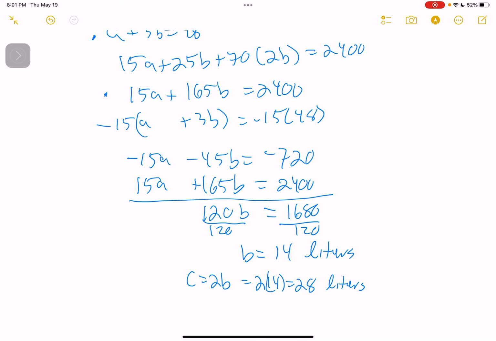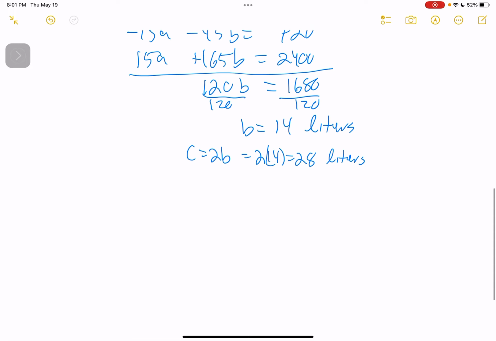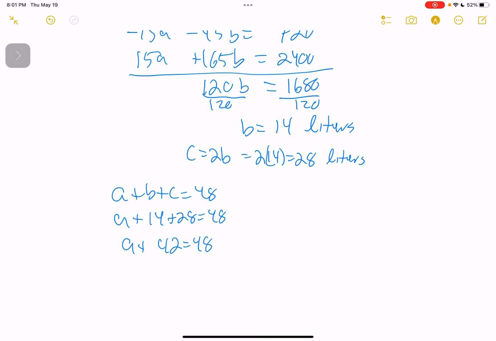And then we know from the first one up here, A plus B plus C is 48. So A plus 14 plus 28 is 48. So A plus 42 equals 48. Subtracting 42, A must equal 6 liters.